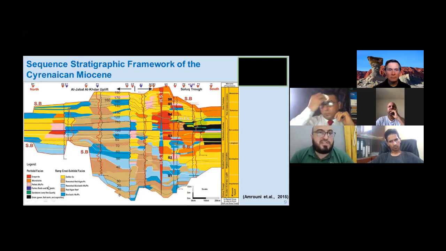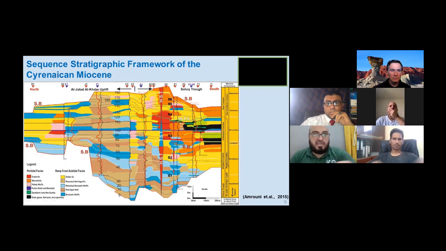And here, by different colors, each color represents a type of facies. For instance, the yellowish color here represents the oolitic grainstone facies. The other colors represent the evaporite facies, microbials, and reworked algae. So each facies has a color.